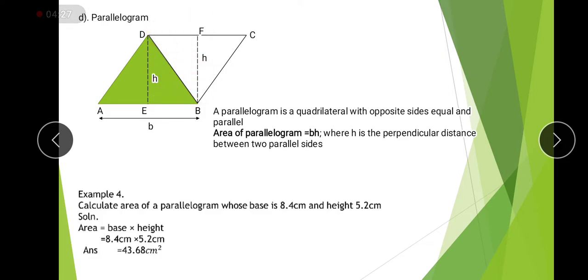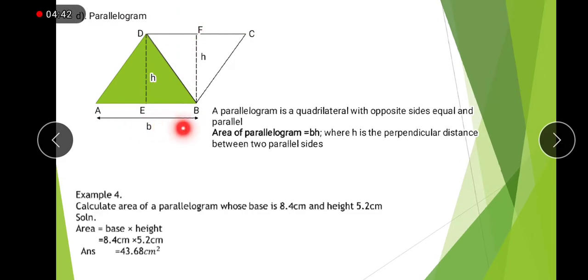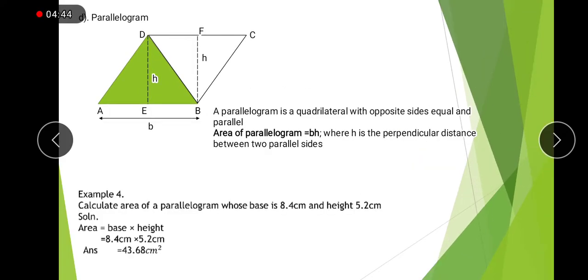Now the area of a parallelogram is simply given by the base length, this b, multiplied by the perpendicular height.